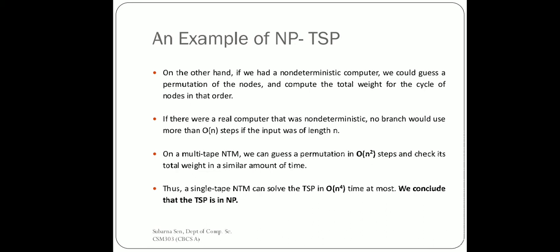Okay, so if there were a real computer that was non-deterministic, no branch would use more than order of n steps if the input was of length n, right? Why? Because from one node or from one branch, we can go for n number of choices. So if there are total n number of branches possible, the complexity would be order of n square.